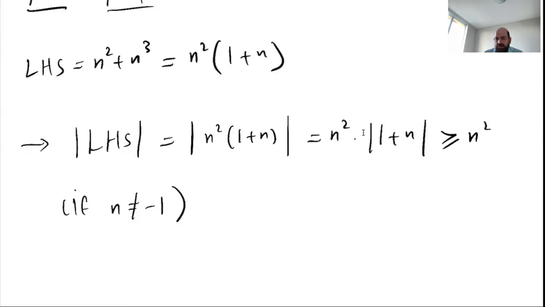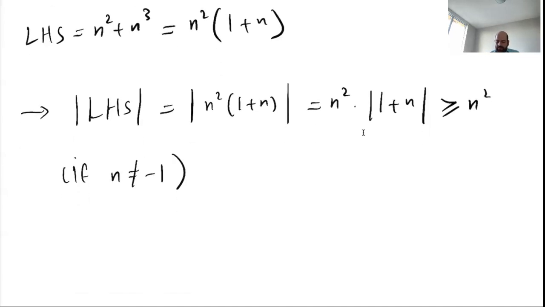Non-negative integer means either 0 or something at least 1. If it's not 0, it means at least 1. So something times a positive integer becomes bigger than or equal to the original number, right? For example, 6 times 1 is 6, bigger than or equal to 6. 6 times 2 is 12, bigger than or equal to 6, and so on.